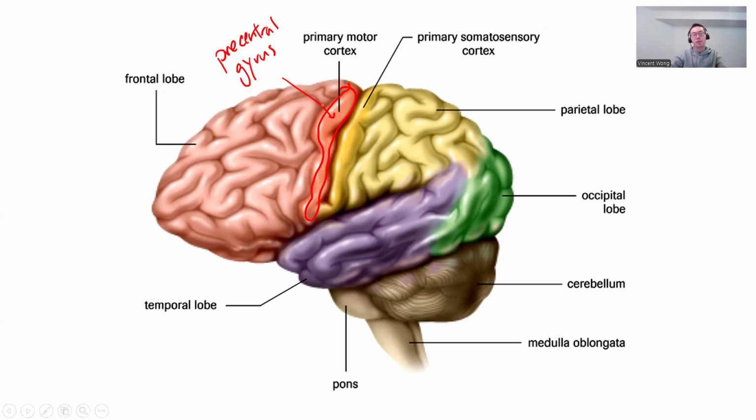And on this gyrus, you're going to find the primary motor cortex for voluntary movement of the body. Similarly, behind the central sulcus, you will have another gyrus. This one is called the postcentral gyrus. And that's where you will find the somatosensory cortex.